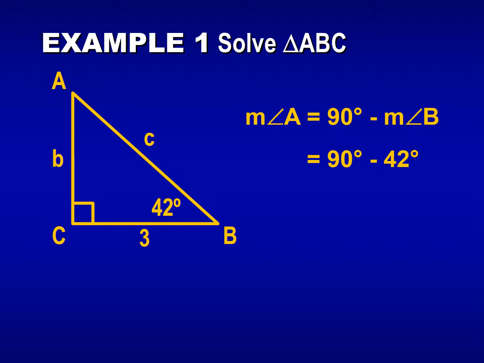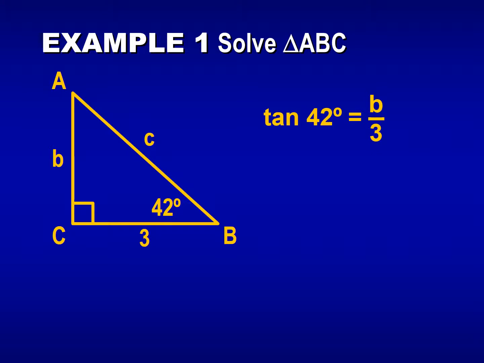Since the measure of angle B is 42 degrees, we do 90 minus 42, which is 48, which means the measure of angle A is 48. And we can check that. 90 plus 42 plus 48 is 180, which is what all 3 angles in a right triangle have to add up to.